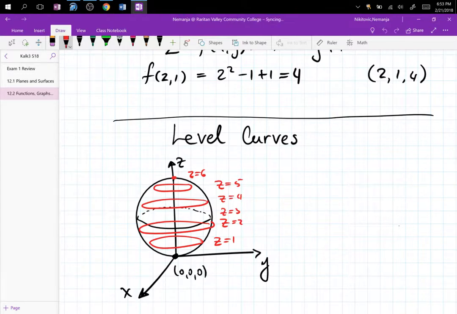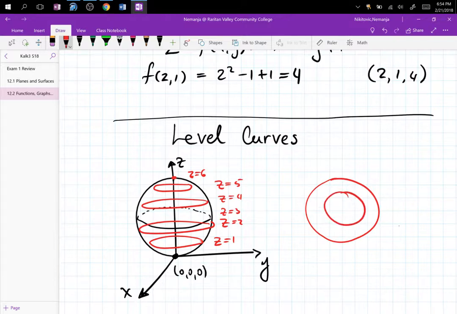Now if I remove the object and keep the circles, when you look from the top, all you're going to see are level curves. A level curve here, a level curve here, a level curve here, and a dot in the middle. That's what you see when you look from the top. The dot is from z equals 6 and z equals 0.